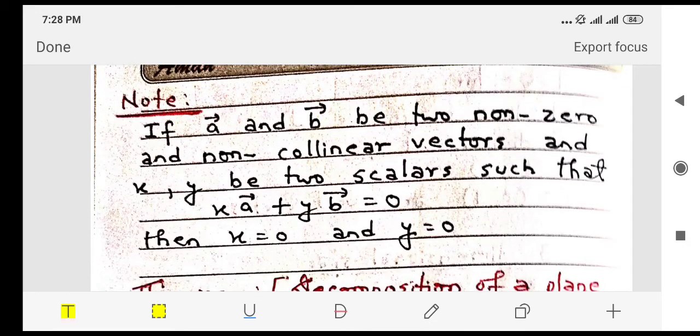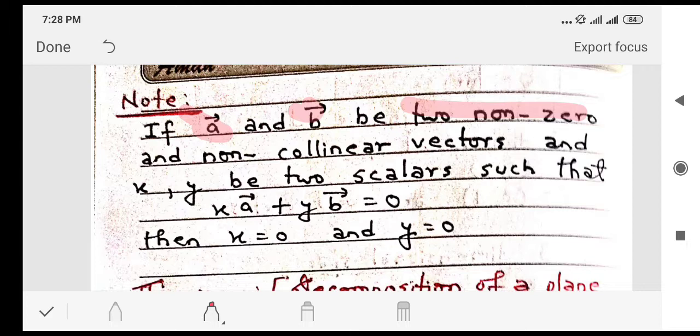Okay, I have given one important note to my dear students. The note is, if vector A and vector B are two non-zero and non-collinear vectors, and x and y are any two scalars such that x vector A plus y vector B is equal to 0, then obviously the scalar x will be equal to 0 and the scalar y also will be equal to 0.